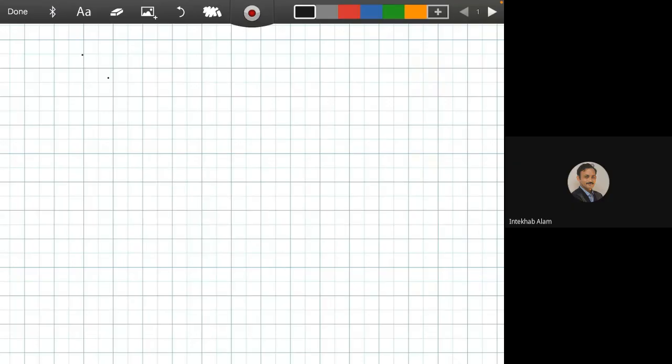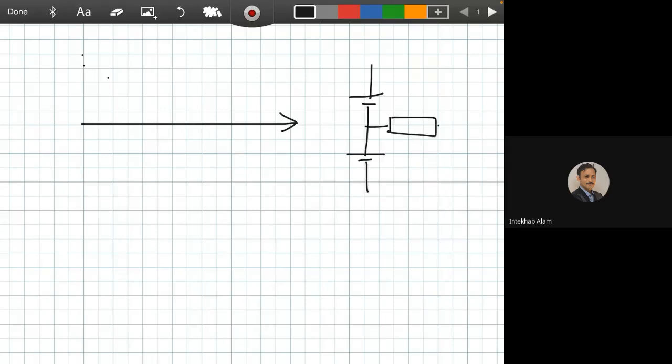So if we start drawing the input and output side, let's start with an inverter like full bridge, half bridge or push pull. What type of inverter do you want? Okay, let's start with half bridge. The circuit will become in this form.